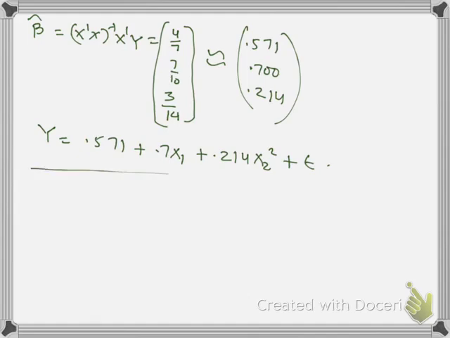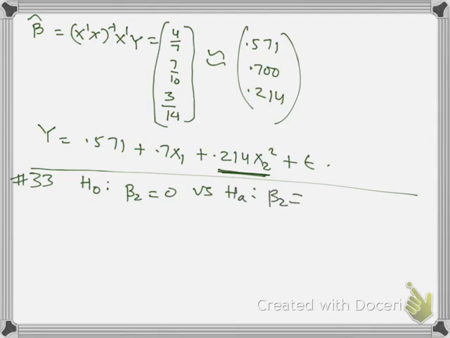Next stop, on page number 33, it is asking, does this data present sufficient evidence to indicate curvature in the response function? So is there sufficient evidence to say that there is curvature in the response? Basically it is asking you to test H0: beta 2 equal to 0 versus HA: beta 2 not equal to 0 in the linear model y equal to beta naught plus beta 1 x plus beta 2 x squared plus error term.